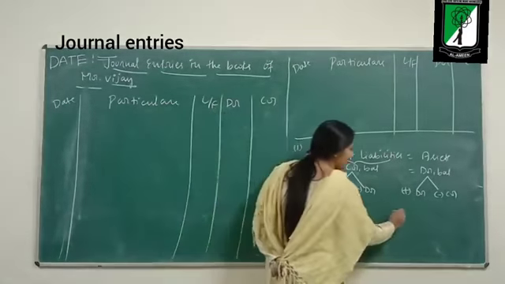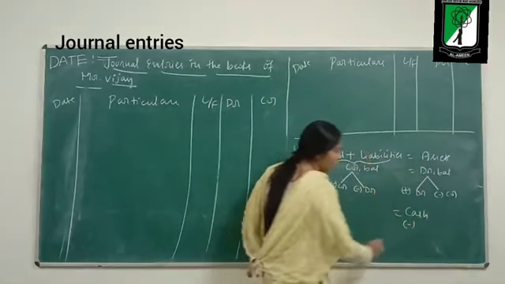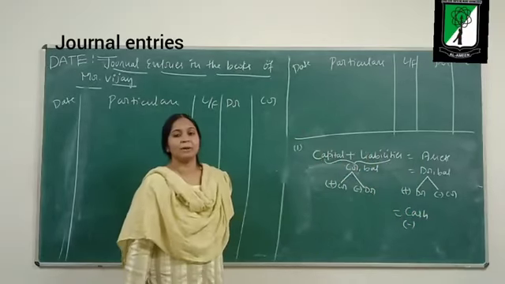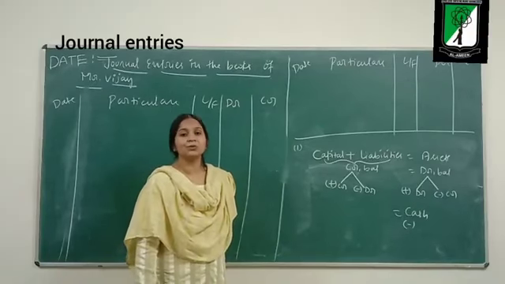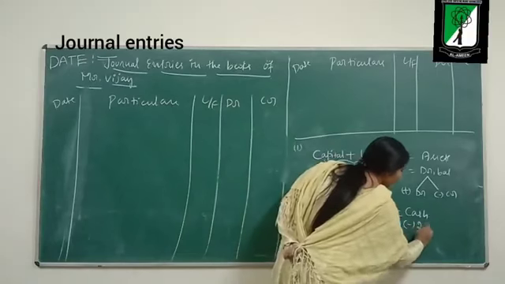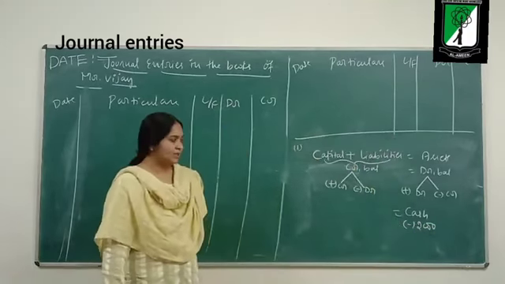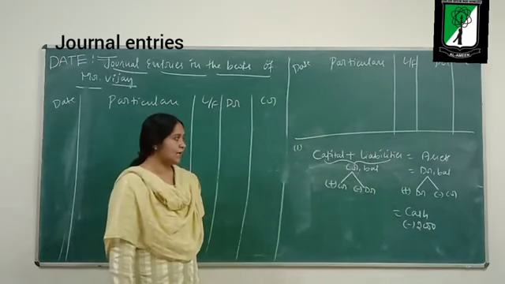So what is happening? Cash is an asset. Cash is going out. How much is the business paying to Sheila? Rupees 2000.